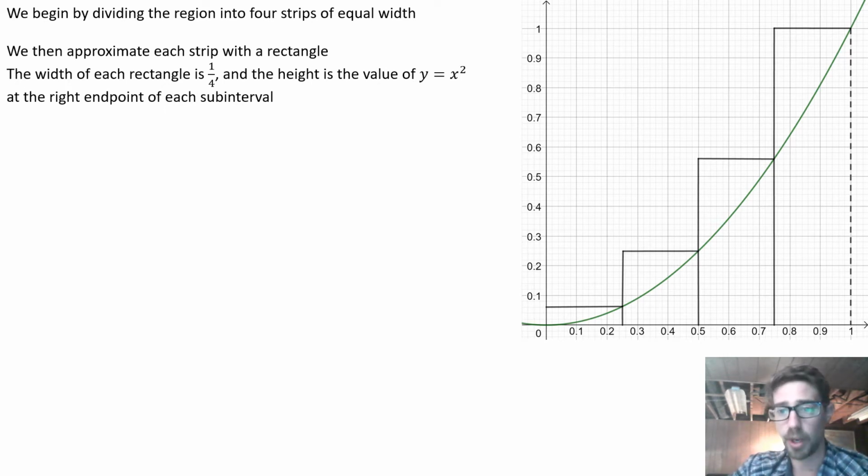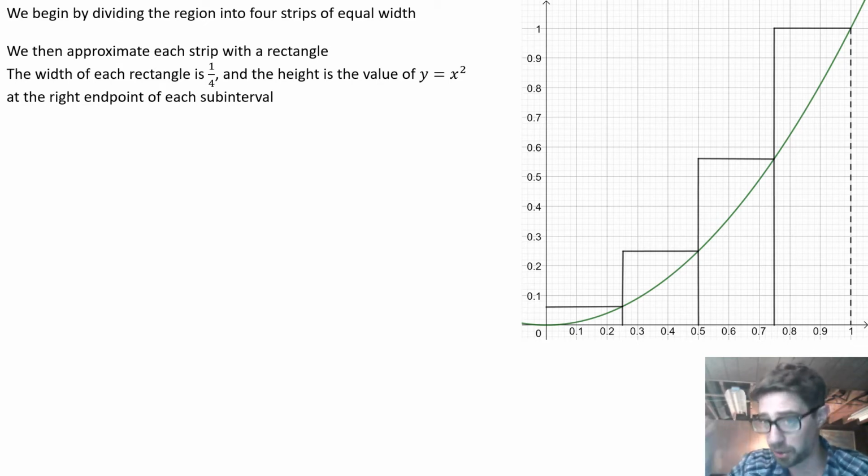They all have the same width, 1/4. The height of every rectangle is just the value of the function at wherever the right endpoint of our little subintervals are. So if you look at that first small rectangle, the height is 0.25 squared because it's specifically x squared. The height of the second rectangle is 0.5 squared, right? Because that's where the curve is.